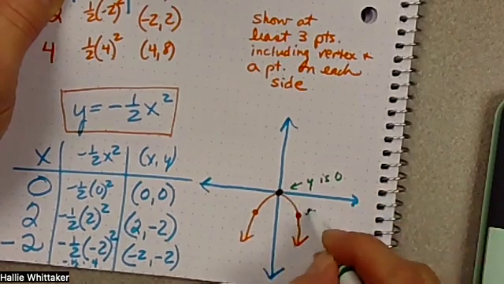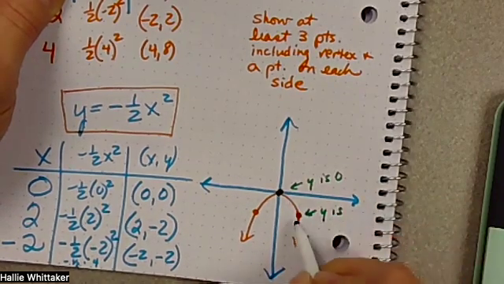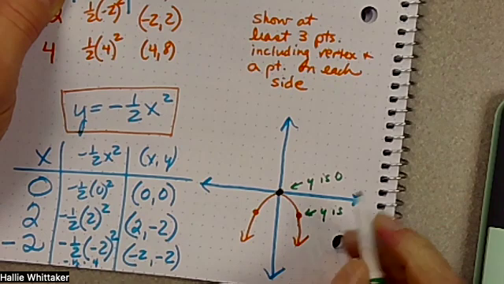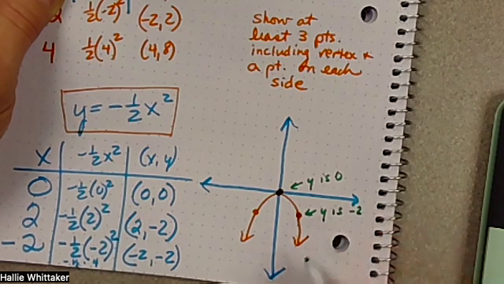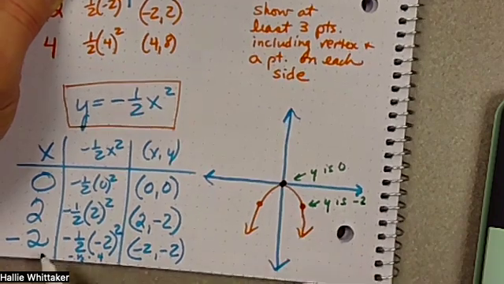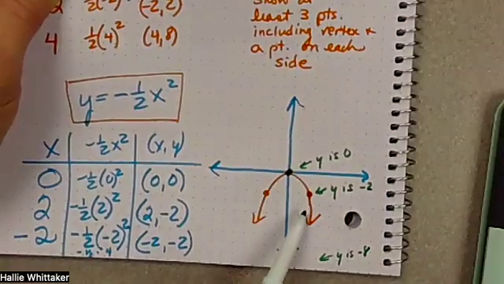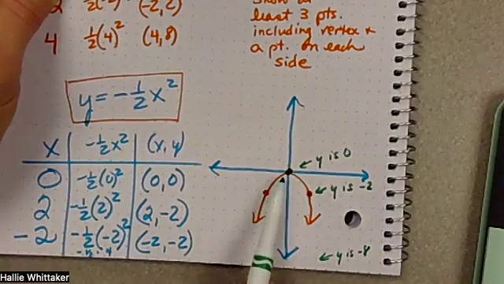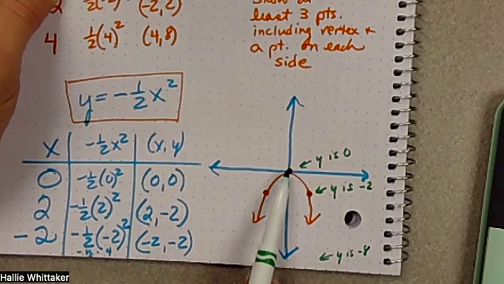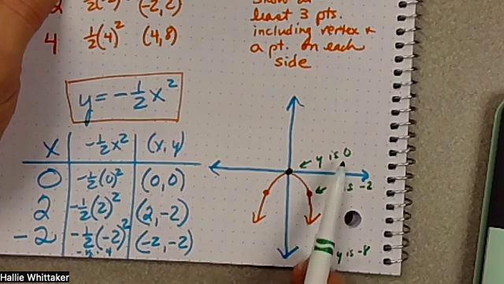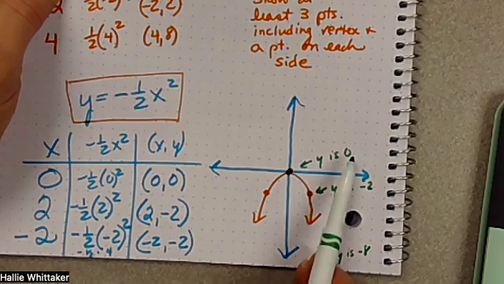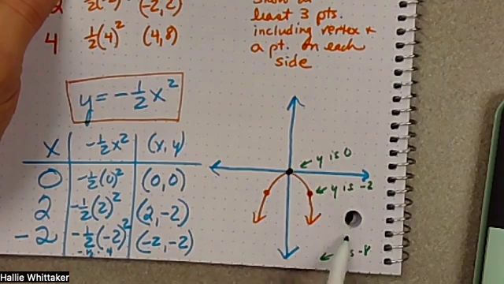But here, the y value is -2. And if we kept going and did 4 again, you would get y is -8. So when it's facing downward, the vertex is at its maximum. This will give you the maximum y value, because it's 0 and it just gets smaller from there.